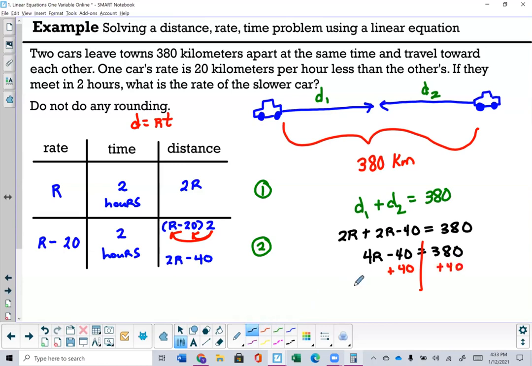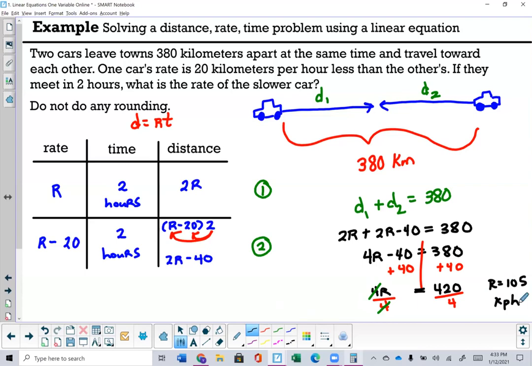So we have 4R equals 380 plus 40, which gives us 420. And then divide by 4 on each side. So we have R is equal to 105. And this is in kilometers, so kph.